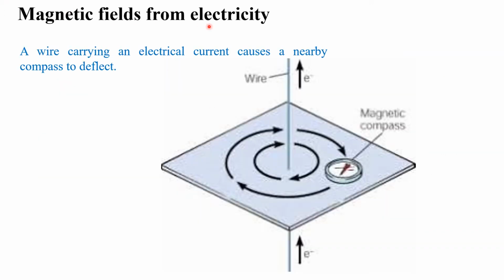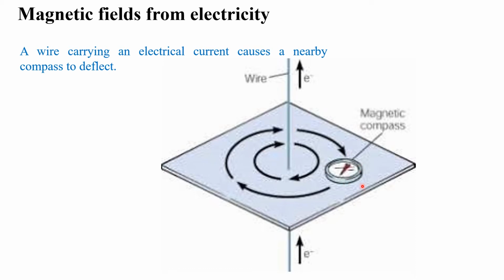Magnetic fields from electricity. A wire carrying an electrical current causes a nearby compass to deflect. Here we have a current carrying conductor or wire, and we have placed a magnetic compass near to this current carrying wire. Because electrons are in motion in this wire, there is a magnetic field around this wire.